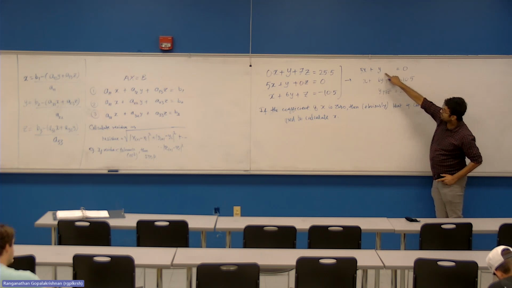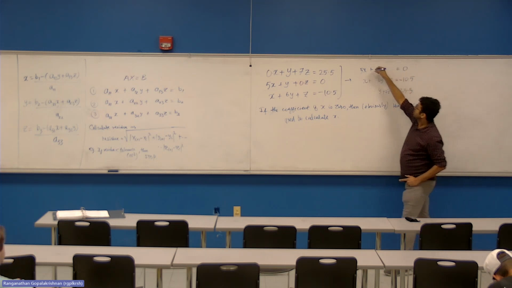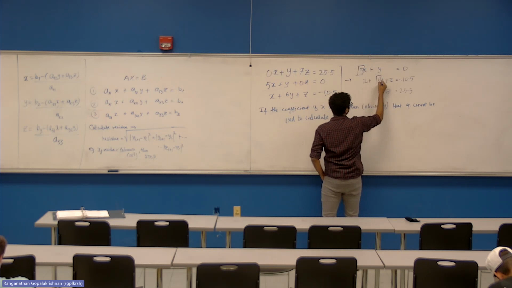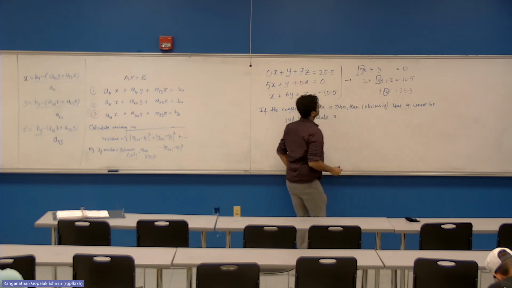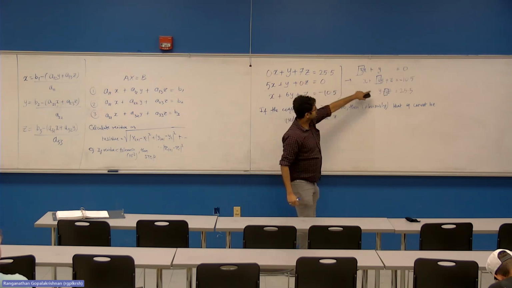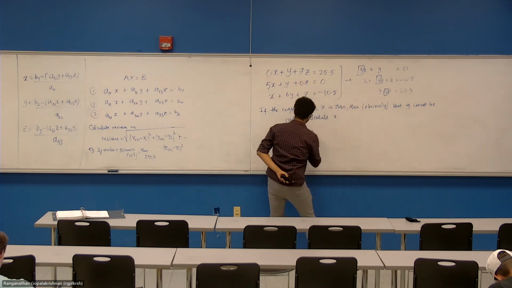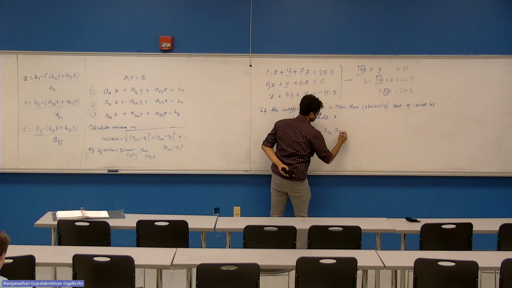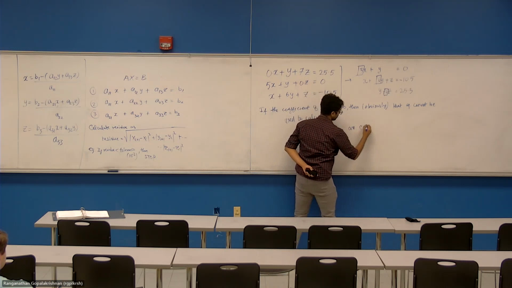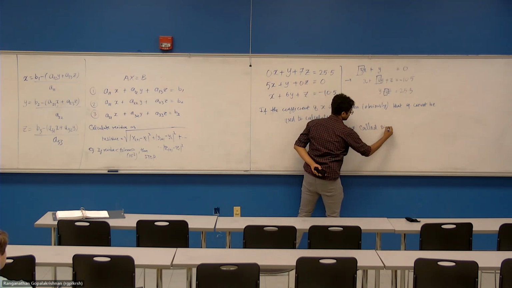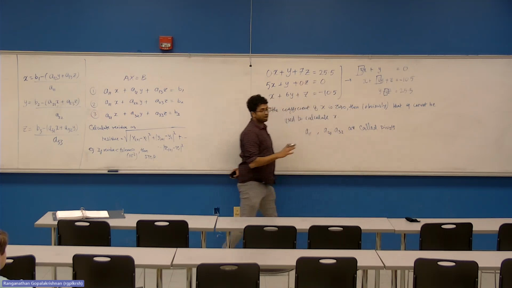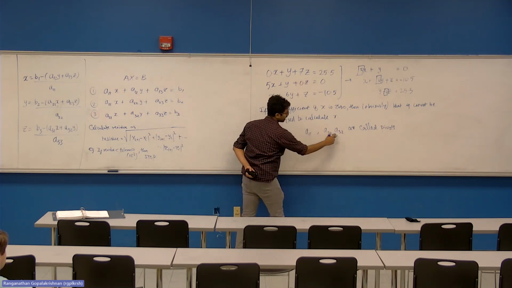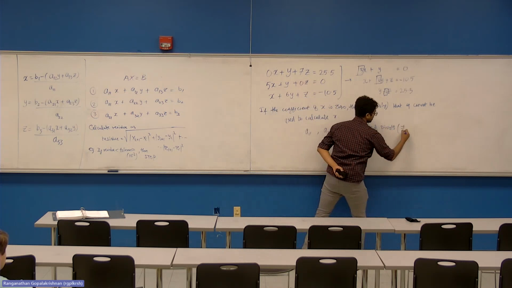I've consciously written it this way, where this coefficient of x, this coefficient for y, or this for z, these coefficients are given a special name, A11, A22, A33, called pivots. And those pivots should not be zero. That's the first requirement. So A11, A22, A33 should not be equal to zero.